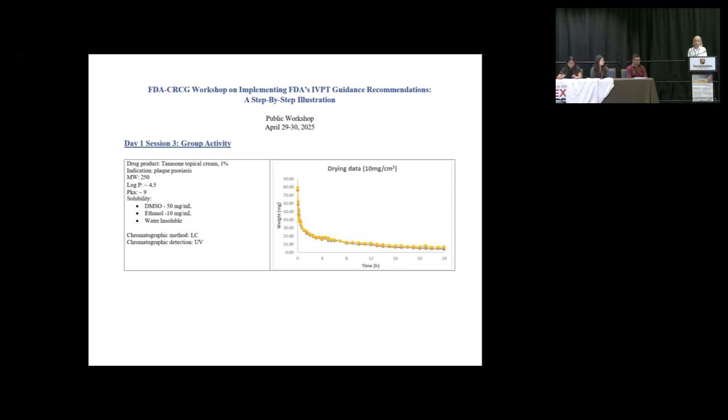And for that, the draft guidance recommends using either the mass spec method or the HPLC UV method. But in most cases, when you have a low strength product, the MS is more sensitive.